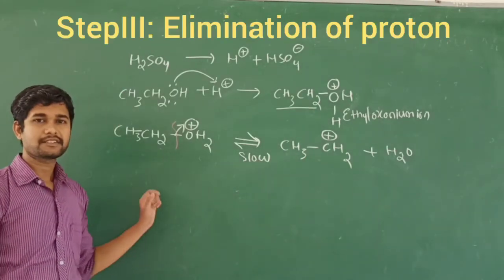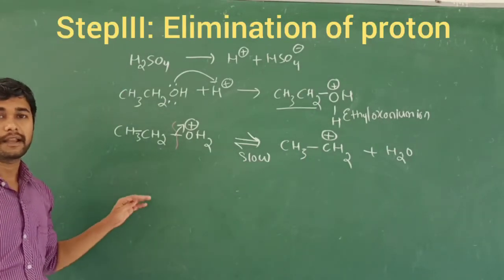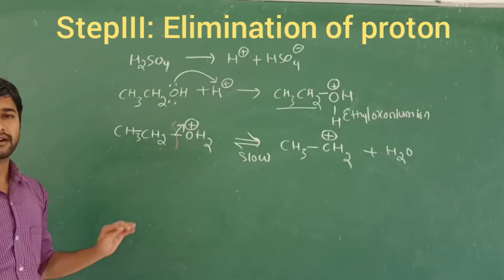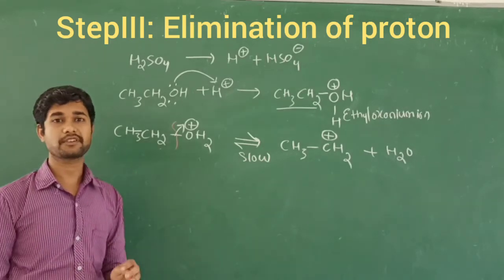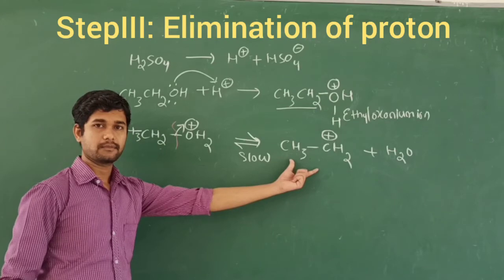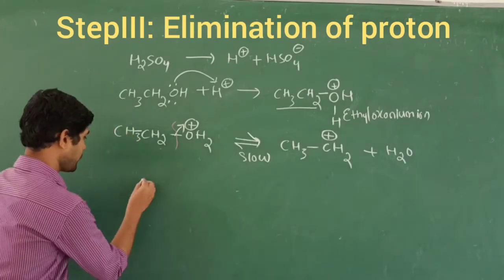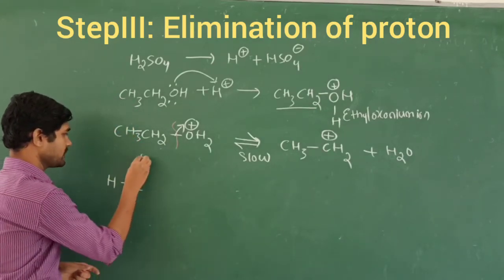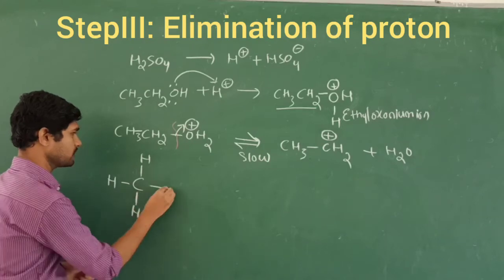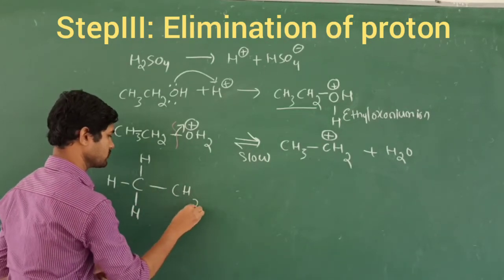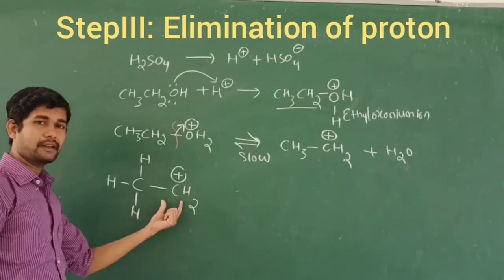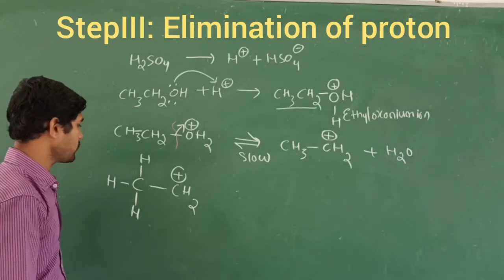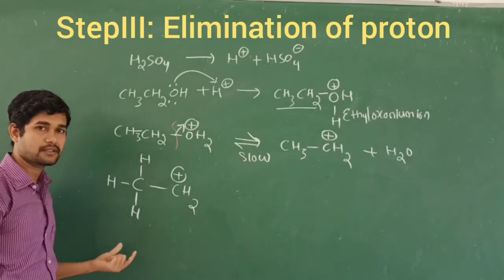Let's discuss step 3, the last step, the elimination reaction. From the product of step 2, I am going to write CH3CH2+. Because the cation is already formed here, this is called an elimination reaction.